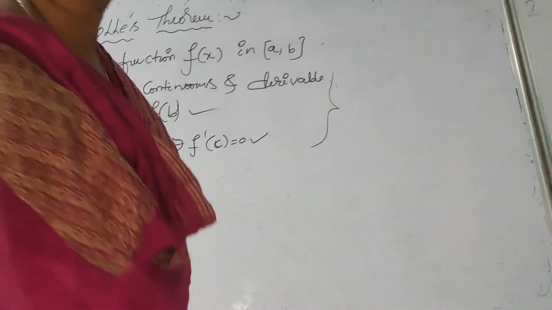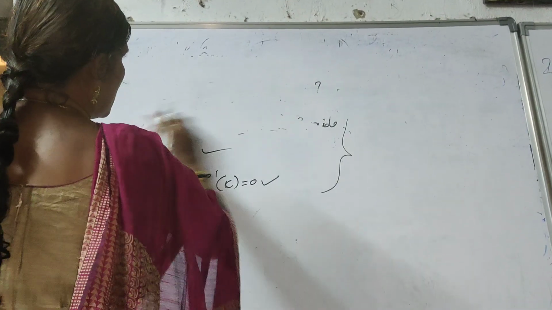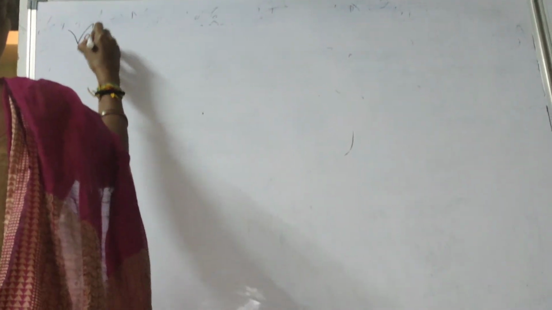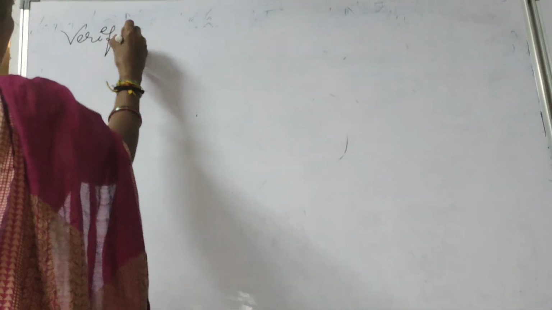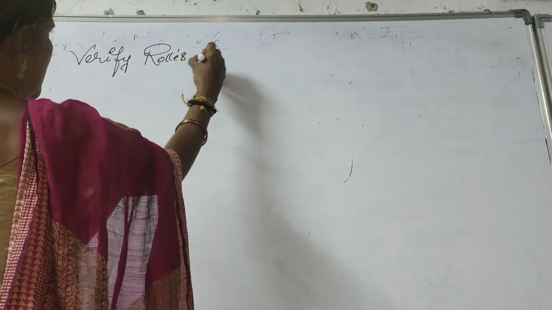Okay, now I will explain one example problem: verify Rolle's theorem.